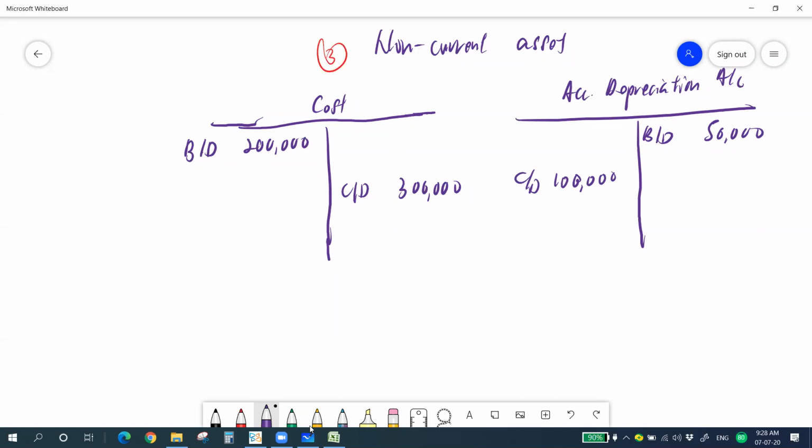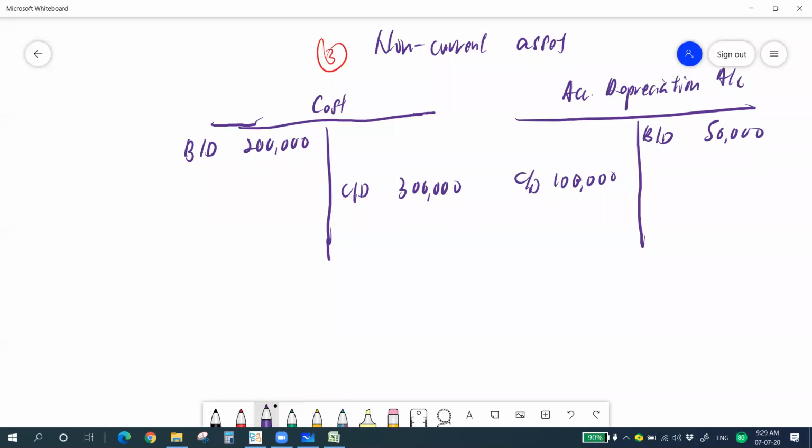When you adjust the non-current asset, first you have to draw the cost account and also accumulated depreciation account. After that, you record the opening balances for your cost and accumulated depreciation. All right, so can you follow me? Yes? All right, very good.